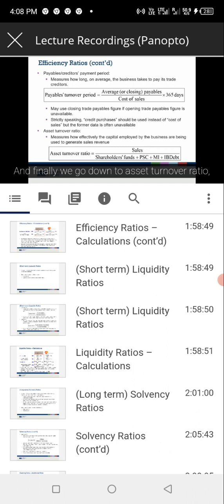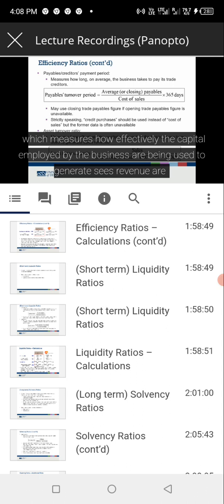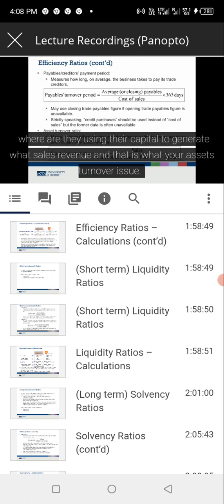And finally, we go down to the asset turnover ratio, which measures how effectively the capital employed by the business is being used to generate sales revenue. How well are they using their capital to generate what? Sales revenue.